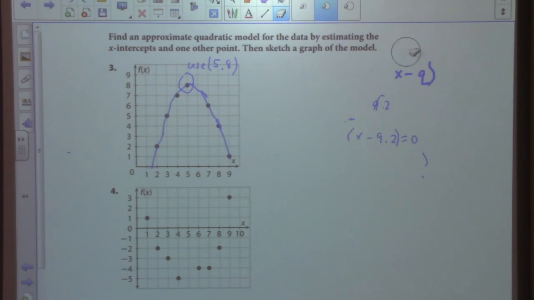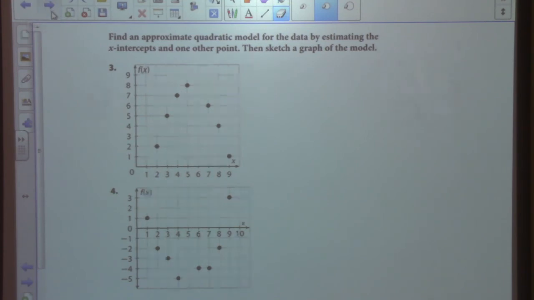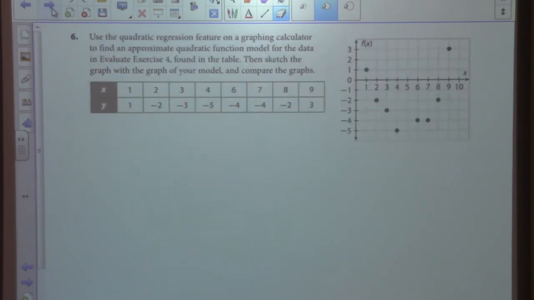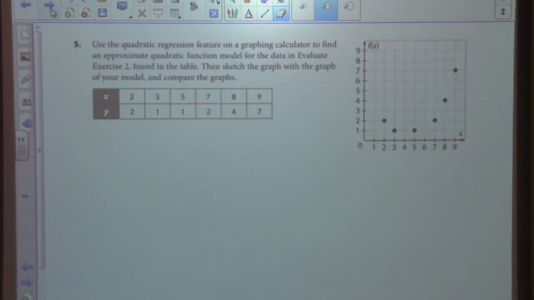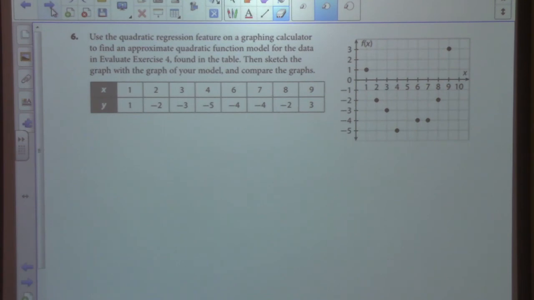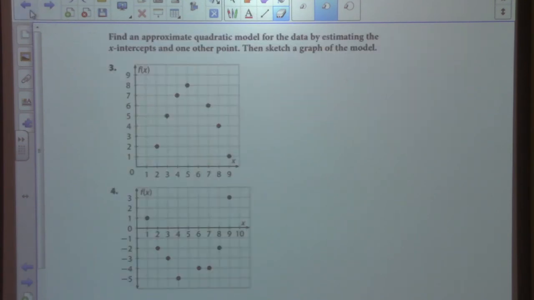Is number 4 and number 6 the same one? Let's look at that. I'm not sure. It looks the same, doesn't it? Yeah, it looks like it's the same thing, pretty much.